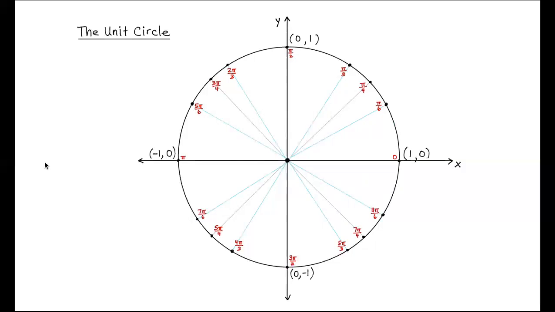But let's say I actually wanted to go through and label the x and y coordinates for this point. Let's say I wanted to figure out the x and y coordinates here.